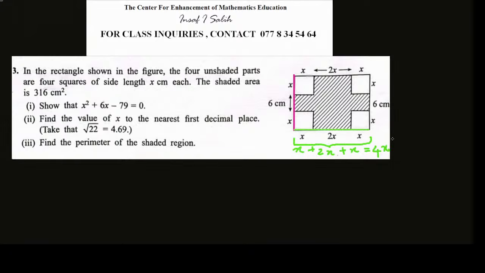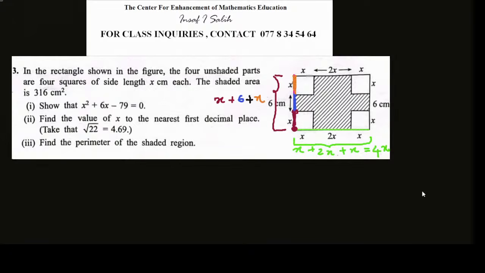And what's the width? The width is this entire thing, that is from here to here. What I am coloring now, it's x plus the other part, what I am showing in blue here, that is 6 plus the other part, let me shade in orange, that is x.